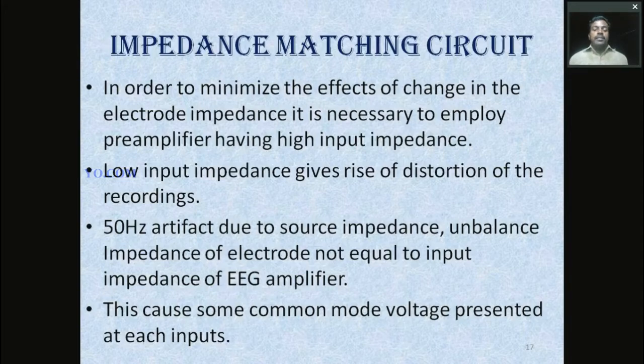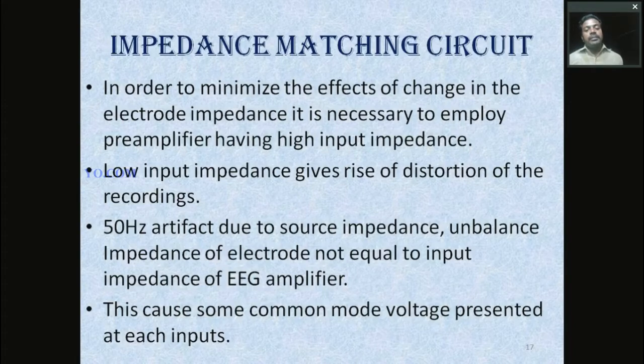Let us consider the electrode output impedance. In an ECG measuring system, the electrode output impedance is 1000 ohm, or 1 kilo ohm. Our amplifier input impedance is 1 mega ohm.